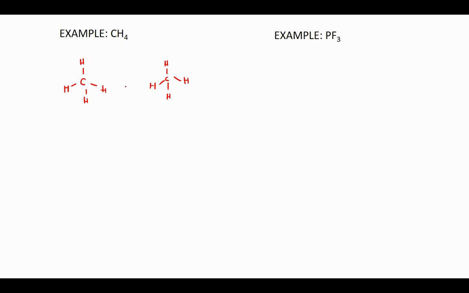So what type of IMF is formed between these two molecules? So first we have to classify this molecule into polar or non-polar. So we know that this is non-polar molecule. So you have to refresh your knowledge on polarity of a molecule. So for non-polar molecule, it only has London forces.